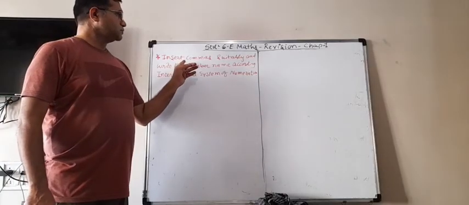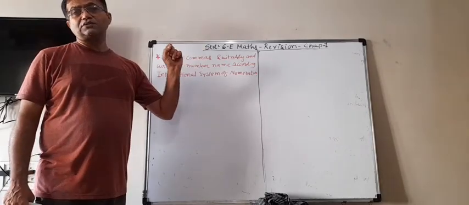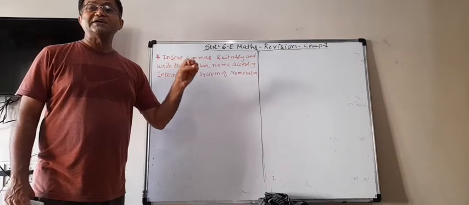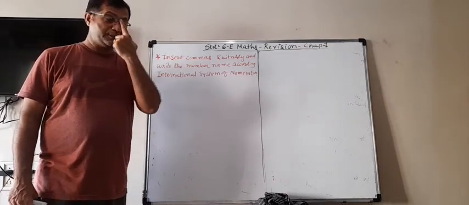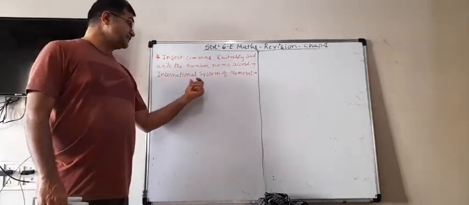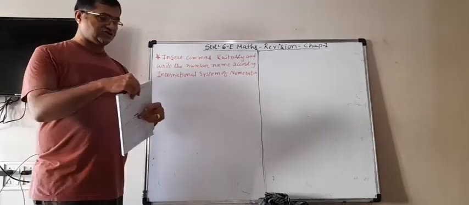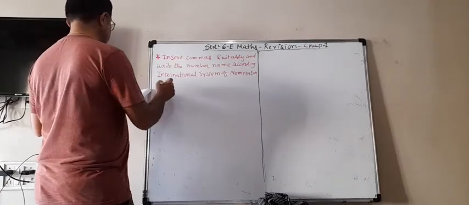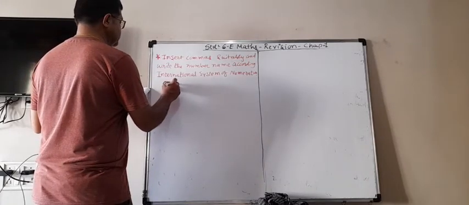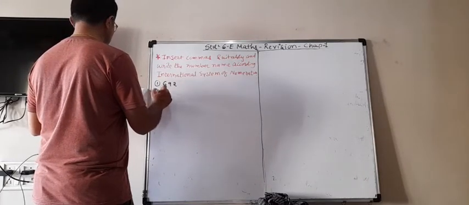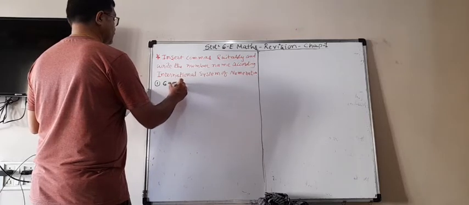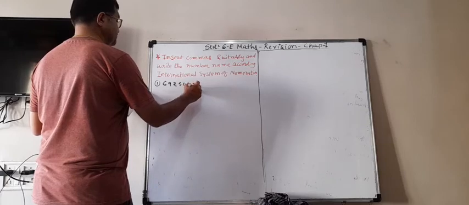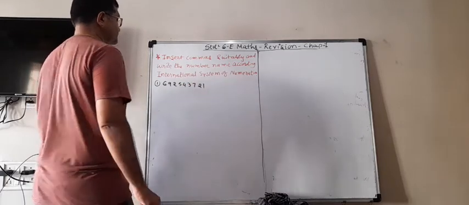Now, in the previous sum, we learned how to put commas according to the Indian system of numeration. Now, let's take an example according to the international system of numeration. 692543721.